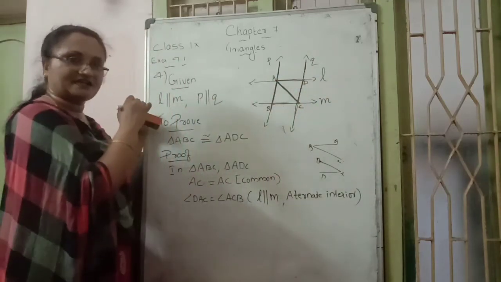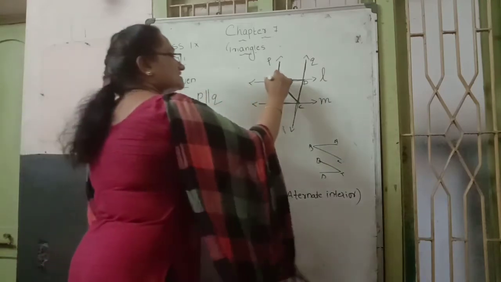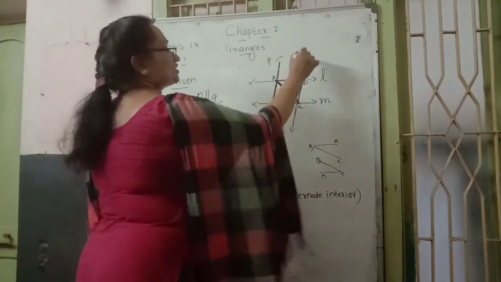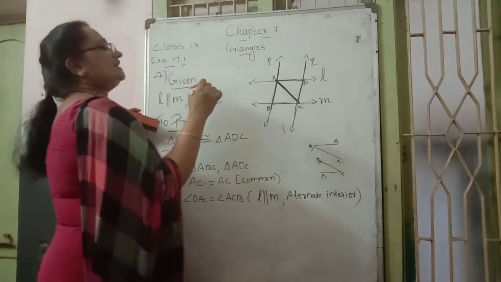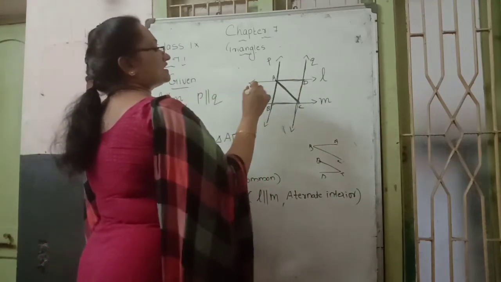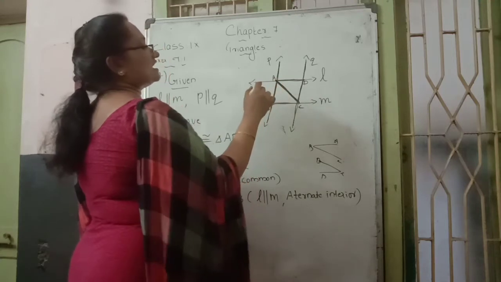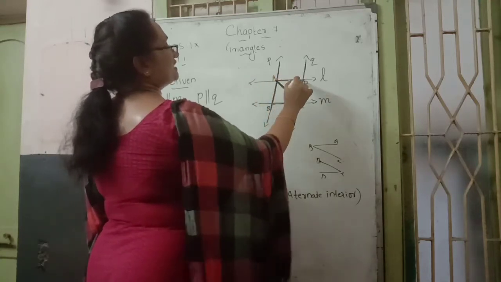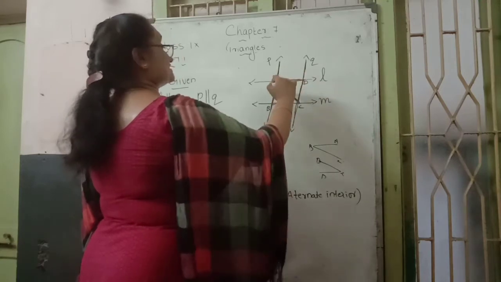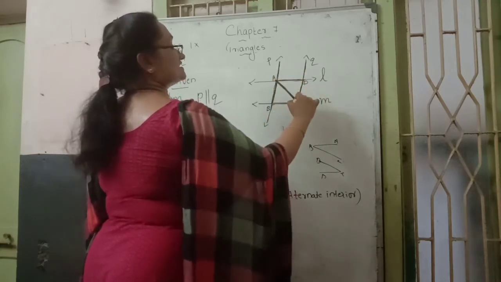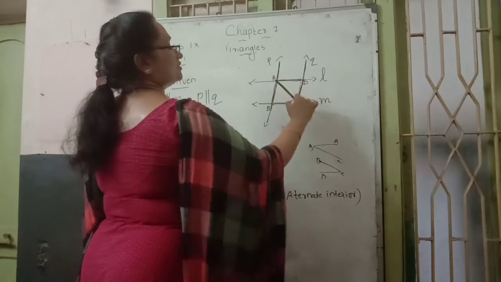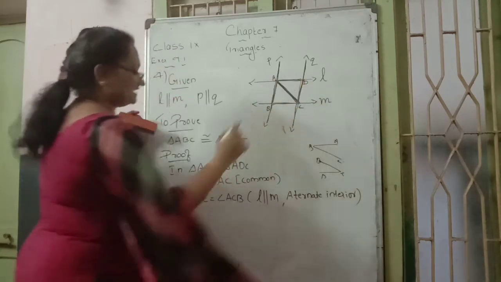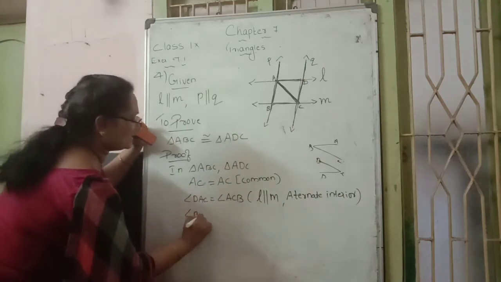Third condition, same way. P and Q are parallel lines. They are parallel lines, so here also AC is the transversal line. They make alternate interior angles. How to make alternate interior angles? In which direction does it go? In this line case, in this way, the Z shape is for BAC and ACD, which are equal.